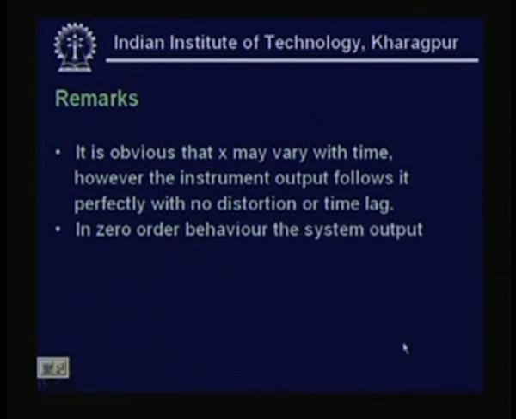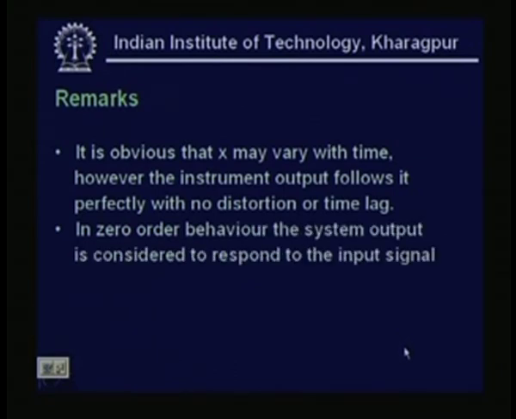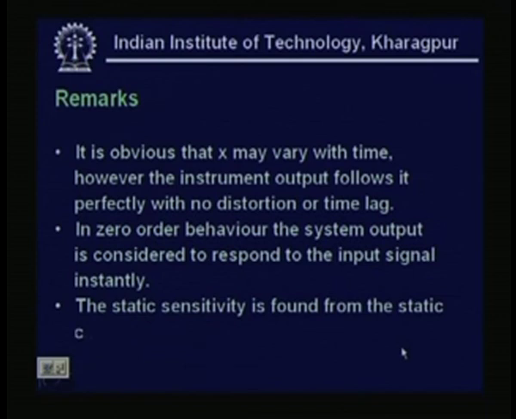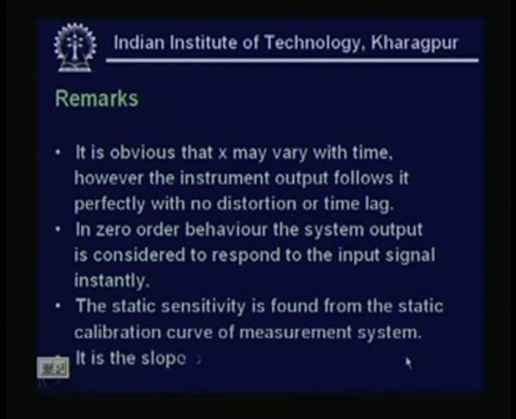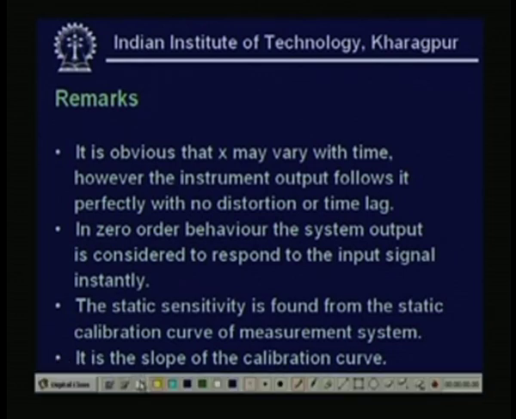Now, in zero order behavior, the system output is considered to respond to the input signal instantly. The static sensitivity is found from the static calibration curve of the measurement system. It is the slope of the calibration curve.